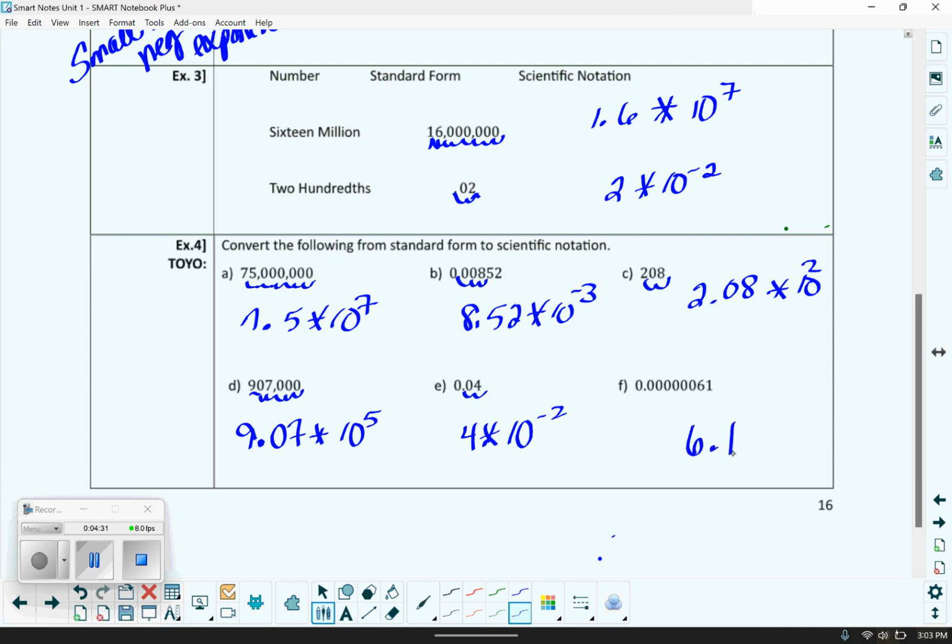And this is going to be 6.1 times 10, and now count the zeros. 1, 2, 3, 4, 5, 6, 7 spots, and it's too small, so it's negative 7.